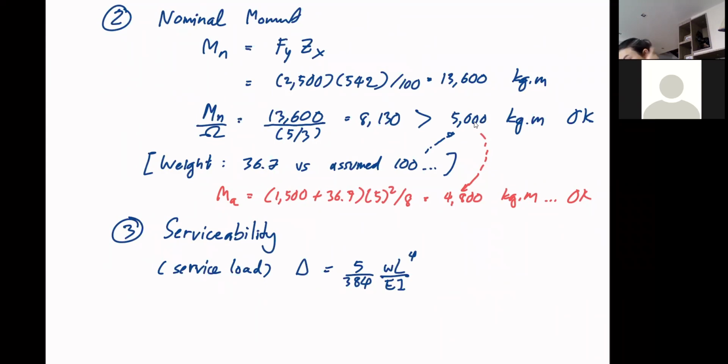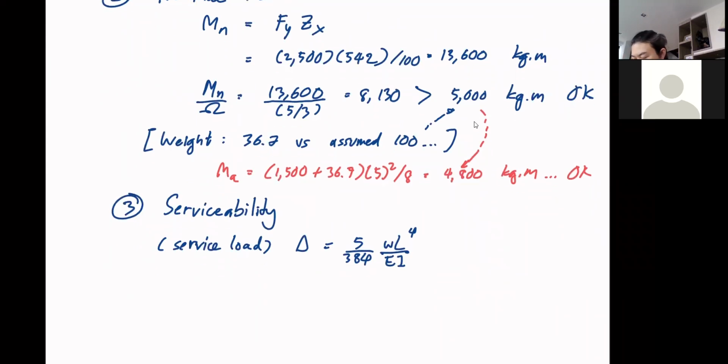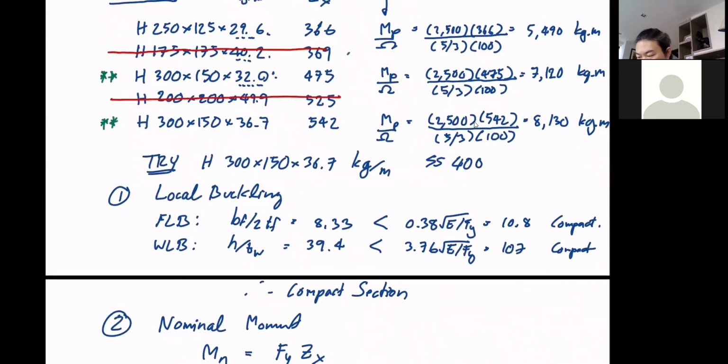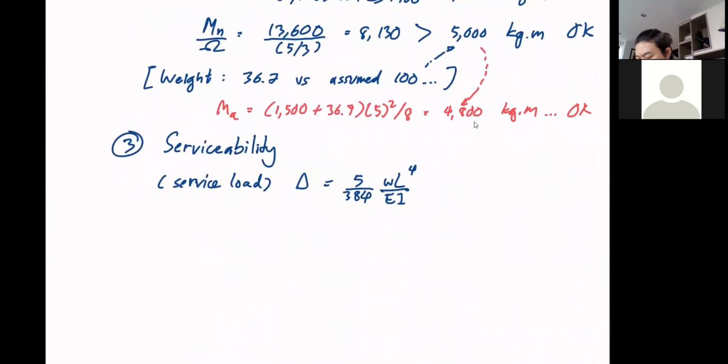So now, from that, we are reduced to 3, but let me show you something. I'm just gonna investigate these 3, okay? Now with this H 250 by 125 by 29.6 kilogram per meter, I suspect that it's going to start off in a bad position again.